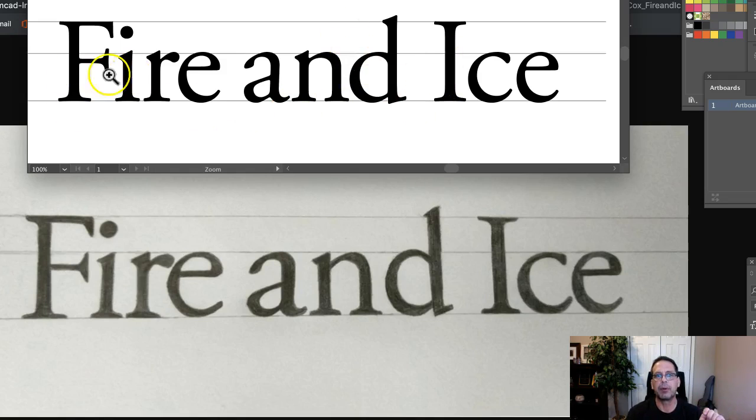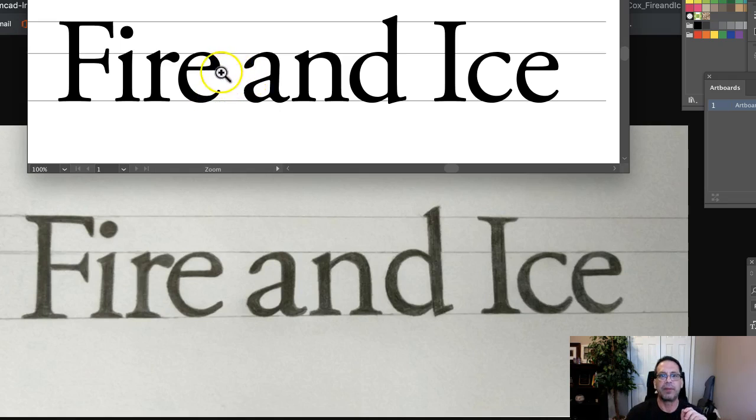Okay, so for an example, this fire and ice, the mind is able to perceive this as one group of words, one kind of thought, so to speak, fire and ice. If you take this particular typeset right here, and if this space right here is wider than this perceived space right here, then that creates a break right there. And the mind picks up on that break, and the mind tries to organize that break as groups.